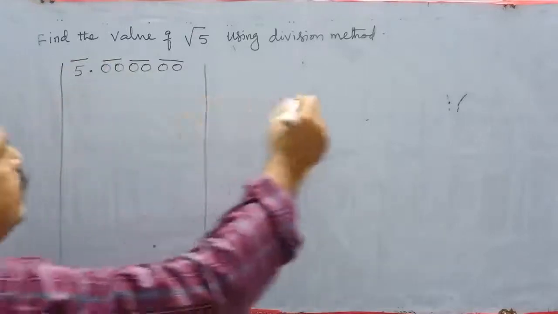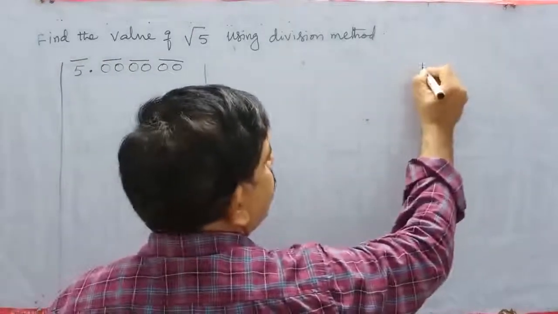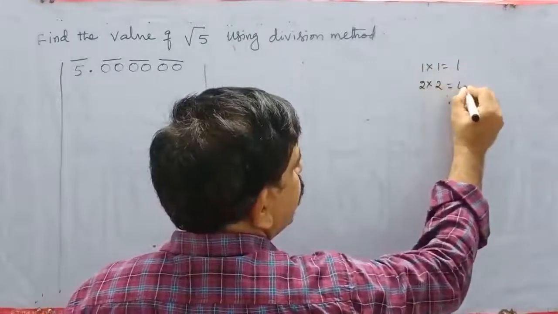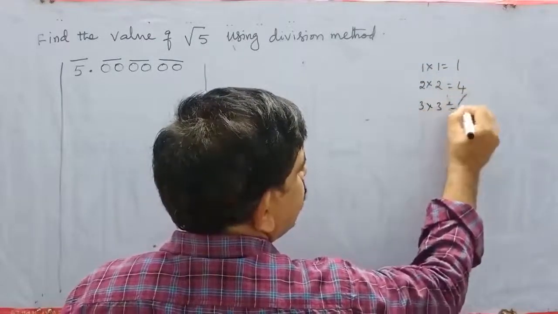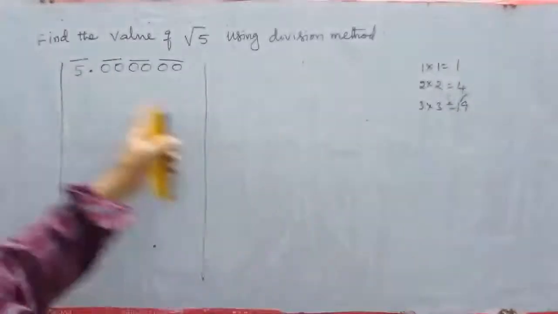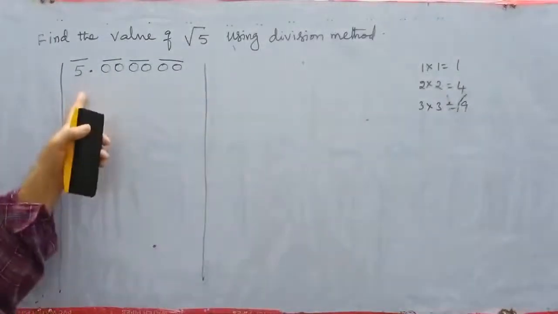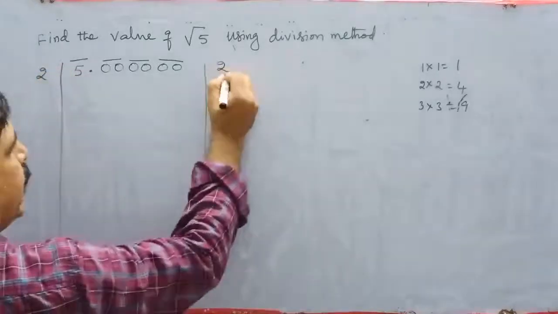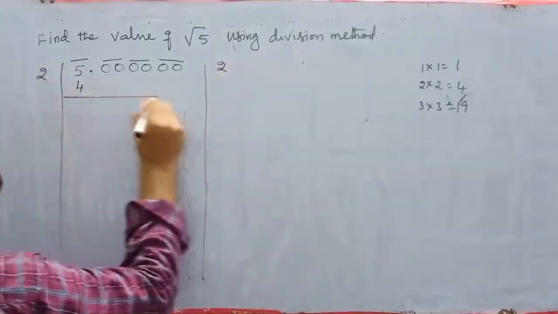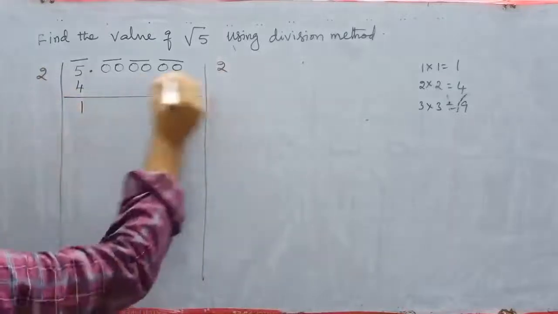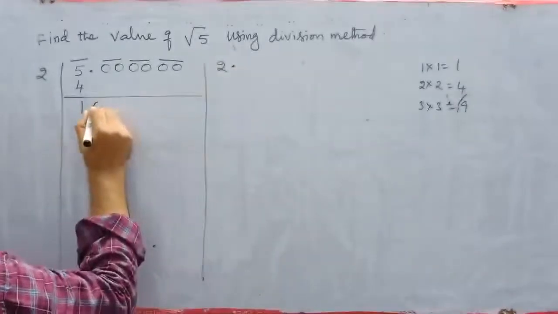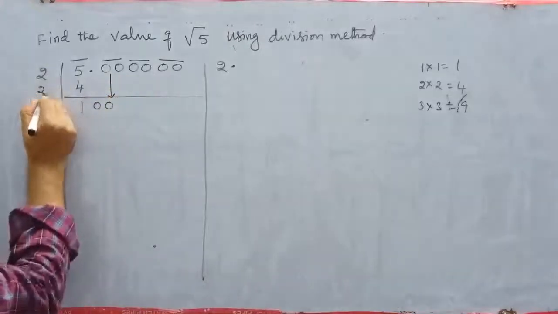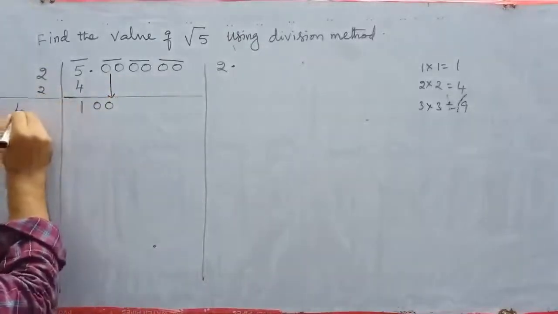Now take the perfect squares. 1 into 1 is equal to 1, 2 into 2 is equal to 4, 3 into 3 is equal to 9. Okay, 9 is greater than 5 and 4 is lesser than 5. So you have to take 2 here and 2 here, 4, remainder 1. Take the point here, take 2 zeros, double this one, 4.